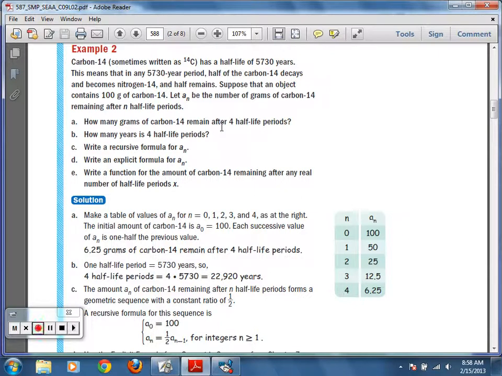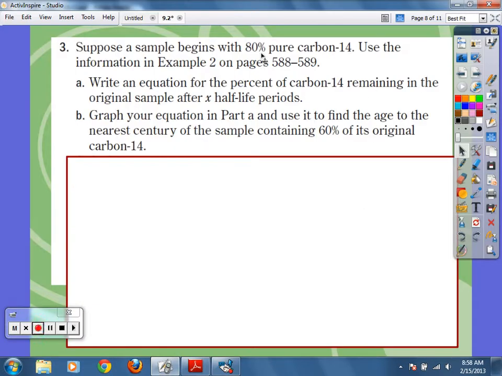So they want to use the, this is tricky. Okay, they want us to use this half-life. That's the reason they referred us back to this. What is happening in this example is because it says 80% pure carbon, we don't know how many grams. So our initial condition that we are going to use is this 80% notation.